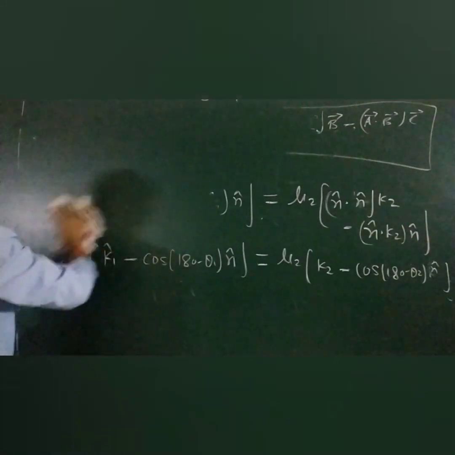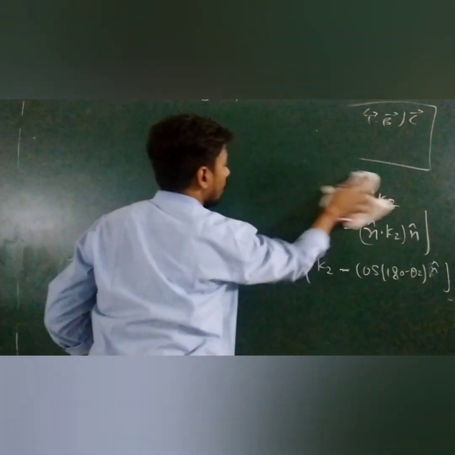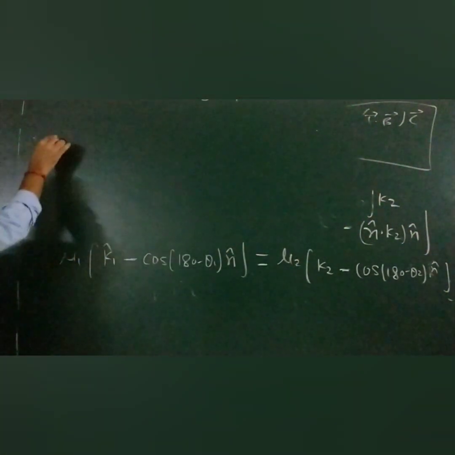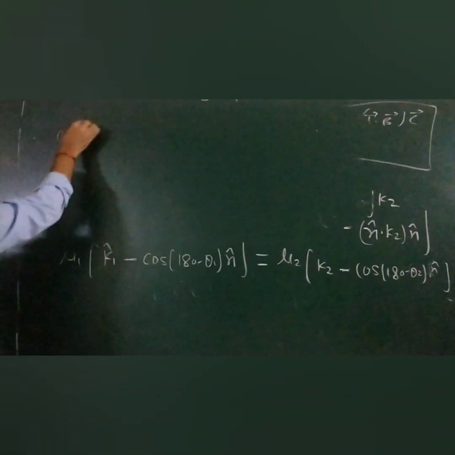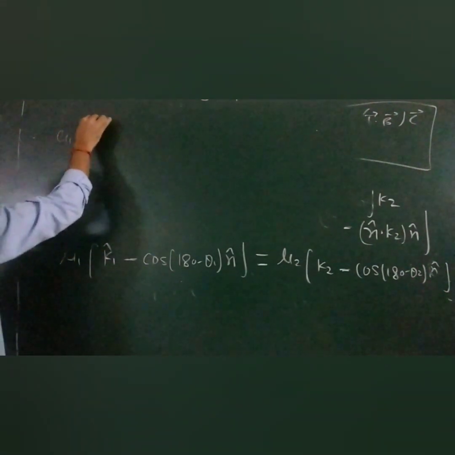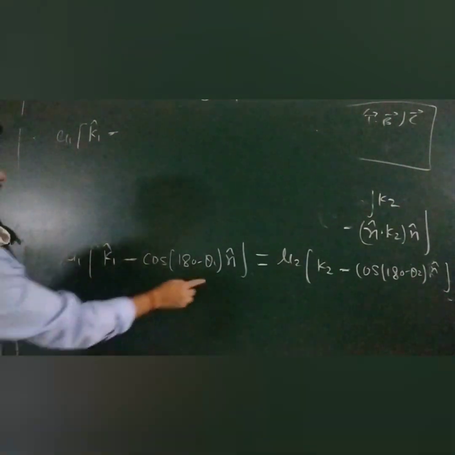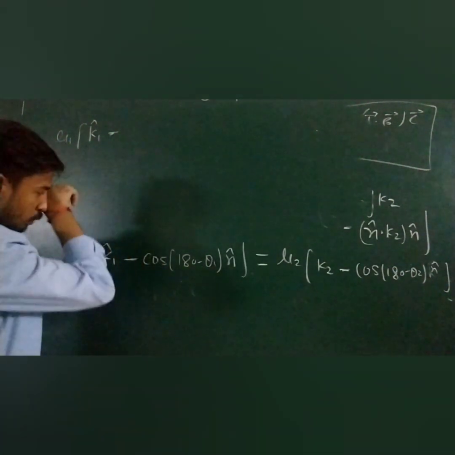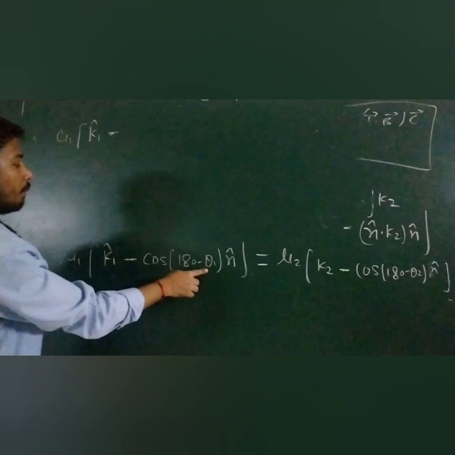Now replace all these things. So solve this one. This becomes mu1 K1 vector minus cos(180 minus theta), what can we write? Minus cos theta.